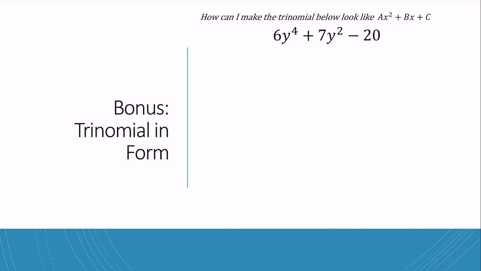So our second example, I've got 6y to the fourth plus 7y squared minus 20. I can write this as 6y squared squared plus 7y squared minus 20. Now I have something that looks like a trinomial in form. I need to find the factors of AC that add up to b.